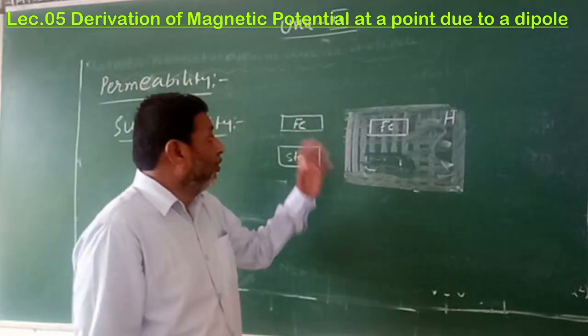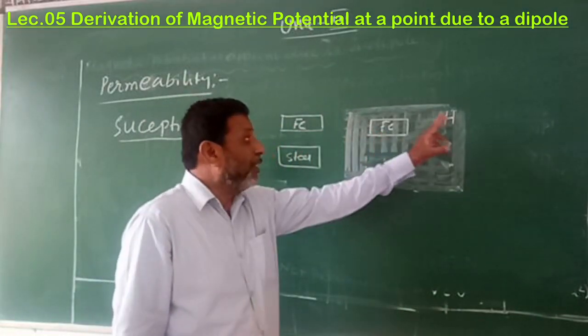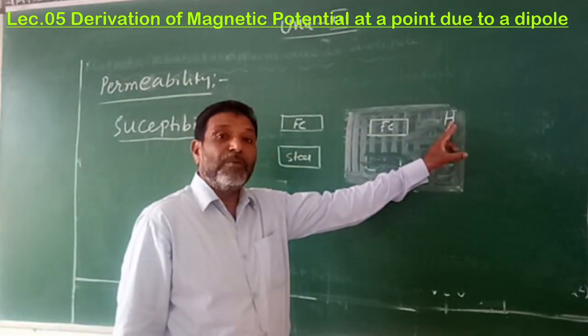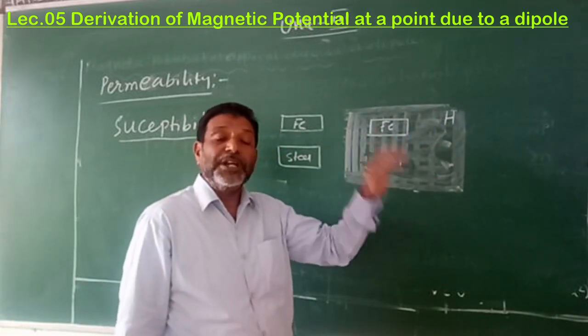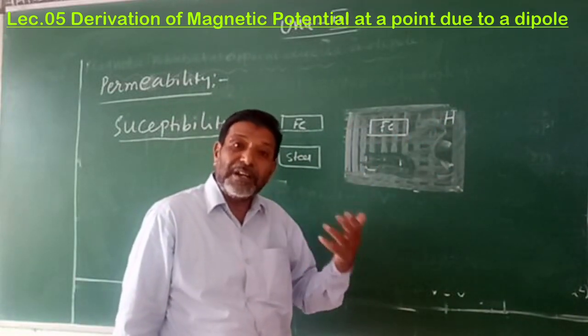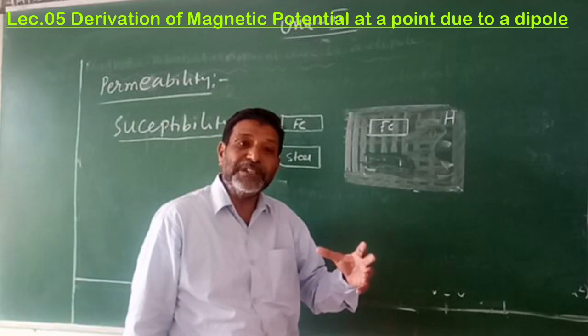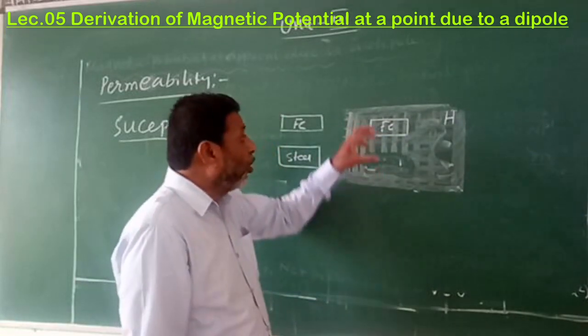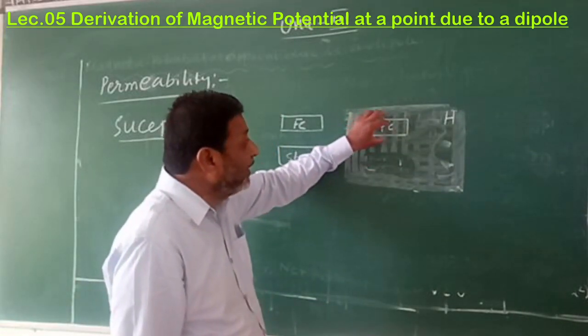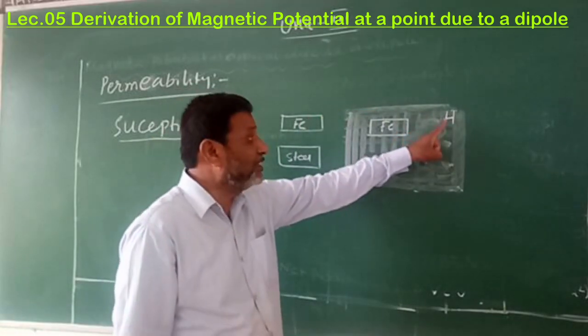Now here, when you place any material in a magnetic field, it is magnetized. Whether it is more magnetized or less magnetized depends upon how much magnetic moment it gains after placing it into the magnetic field.